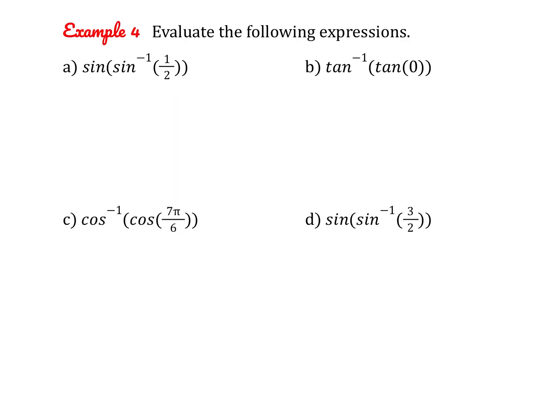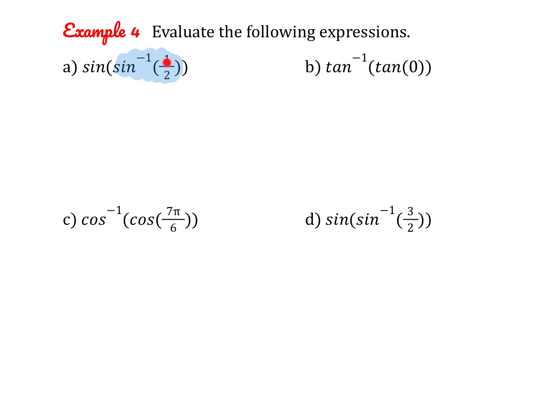All right, so now we're going to try to evaluate some expressions that have inverse trig functions in them. Here we have the sine of the arcsine of 1/2. For this, we always start on the inside and work our way out. So let's start with the arcsine of 1/2. It's extremely important that you understand the domain and range of all of your inverse trig functions.